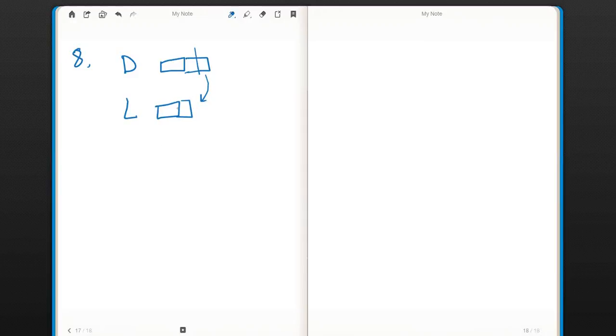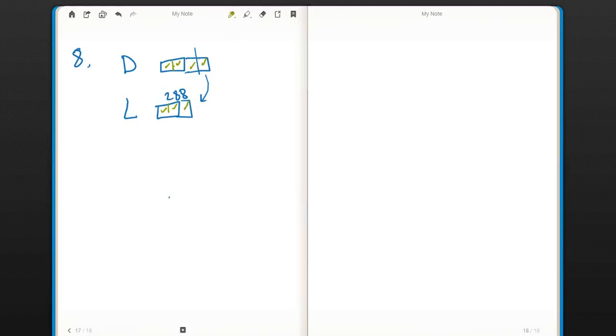Logically speaking, if when this happens they each have 288, there's a couple of ways you could do that. I could take that 288. Notice if these two boxes are the same, this is a half and that's a half, I could divide each of these into halves as well.